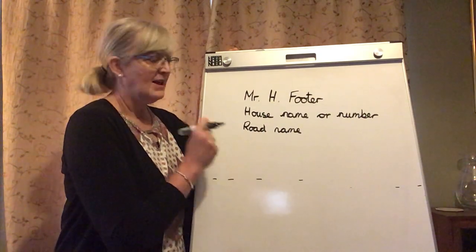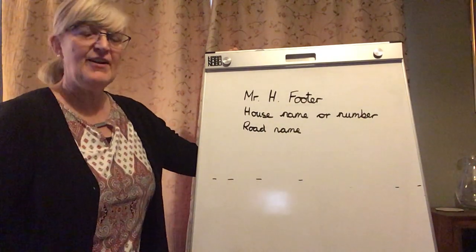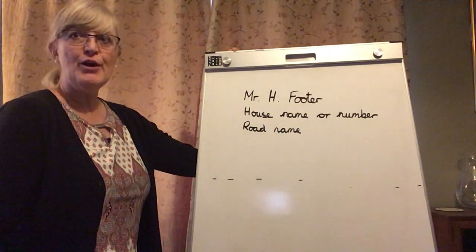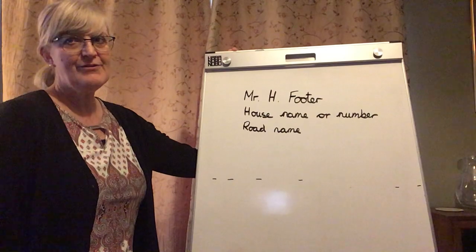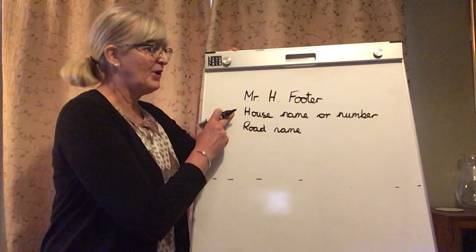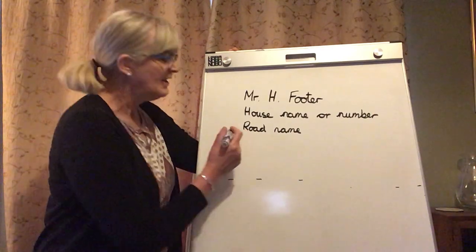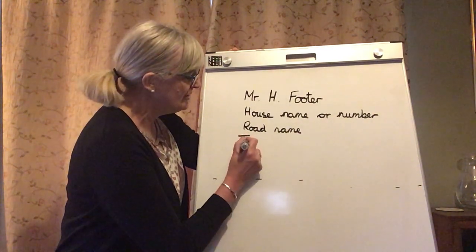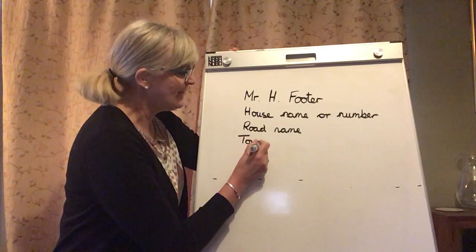Oh, that's all very well, isn't it? If I left it at that, the house name, the number and the road, it's not enough for the poor postman, is he? We need to know where this person, this house and this road are. So it would be in Billingshurst, so it would be the town or village. So I'll just write town in there.